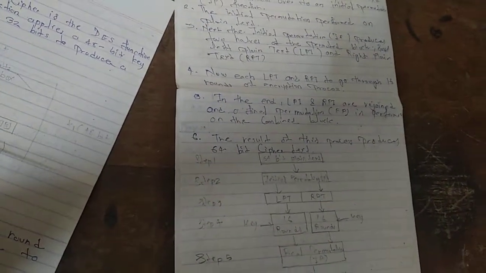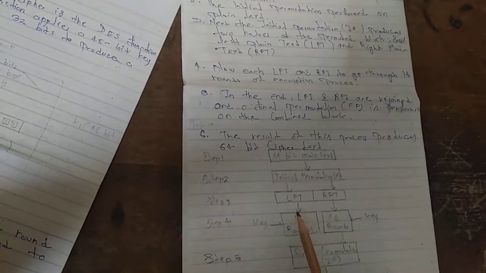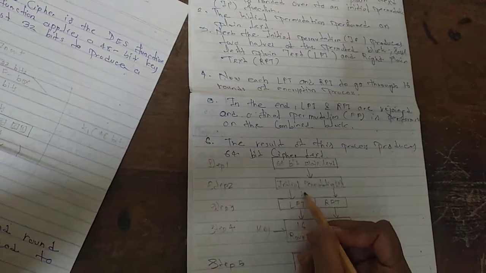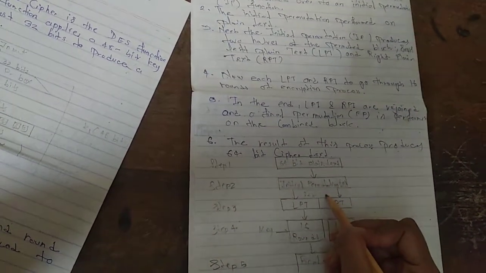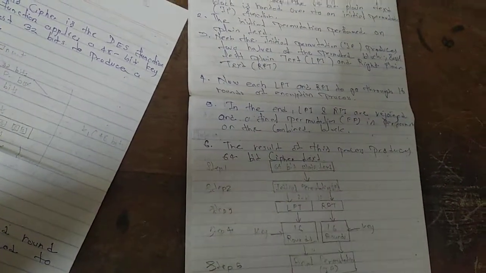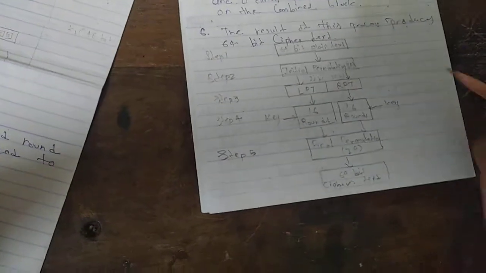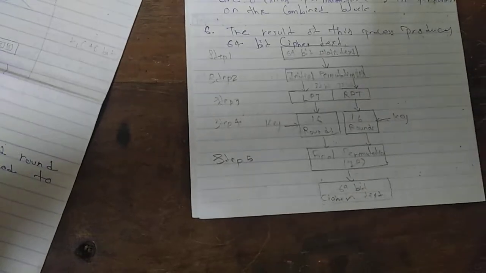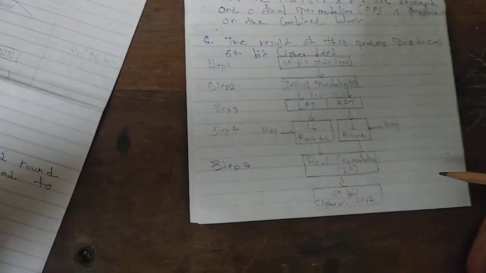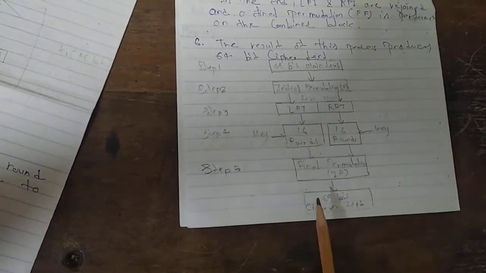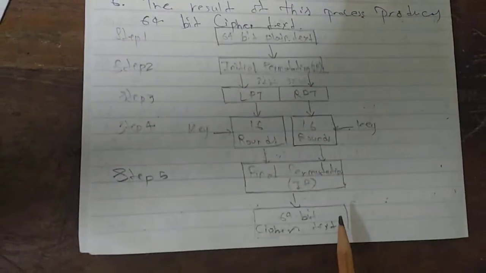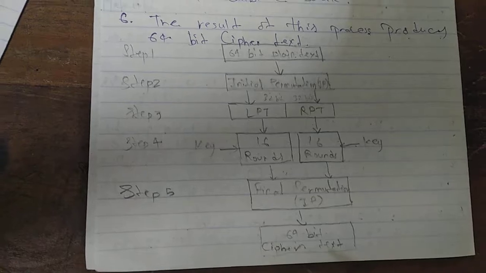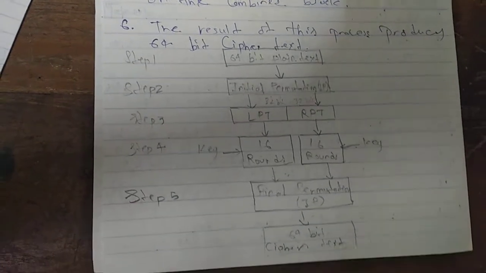Then the bits will be divided into two parts, left plain text and right plain text, each of size 32 bits. Now these will go through 16 rounds. These are called Feistel rounds. After these 16 rounds are completed, it will go through a final permutation round, and after the final permutation round we will get the 64-bit cipher text.